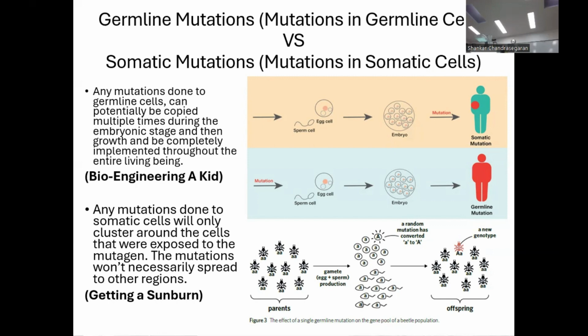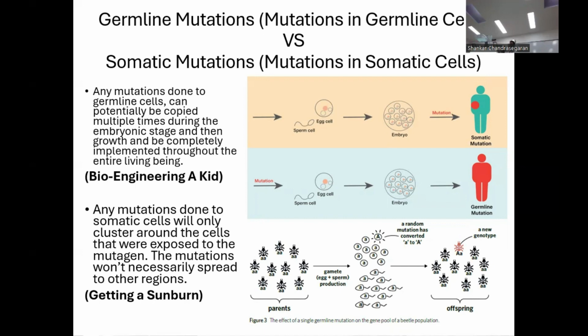Whereas if a mutation happens to the somatic cell, which is after the full organism has emerged, that mutation will specifically be affecting that one region. So think of it like this: if you get a sunburn, there's no chance of you passing that sunburn on to your kids because it's happening at one region of your somatic cells.